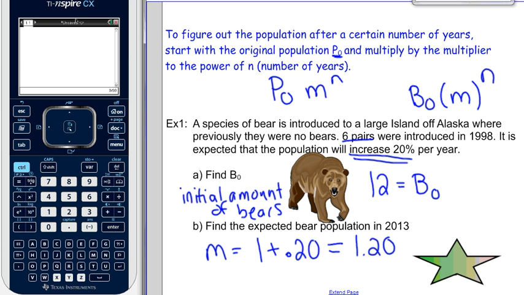We want to know the expected bear population in 2013. They were introduced in 1998. We can simply subtract that. These will all be calculator questions, by the way. So 2013 minus 1998 is 15 years.